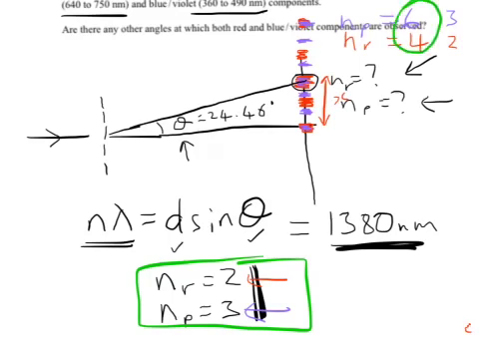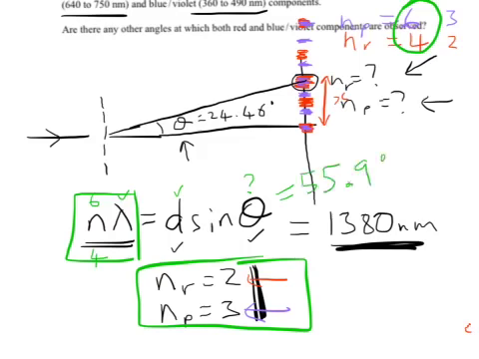We do the n lambda calculation where everything is exactly the same, except n now goes to 6 and 4 for the two different wavelengths, the blue-violet and the red, and we're trying to find theta. It turns out theta equals 55.9 degrees.